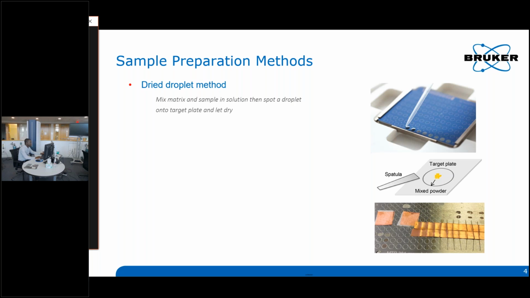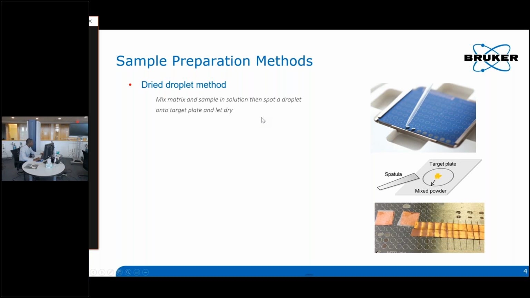So just to get started, I wanted to go through some of the sample prep methods that you need before you get to the point of analysis for MALDI. Number one is the dry droplet method. This is the method that is more suitable for soluble samples.